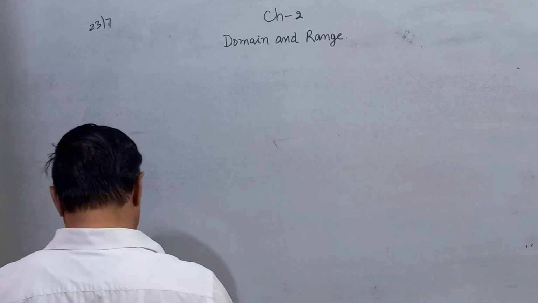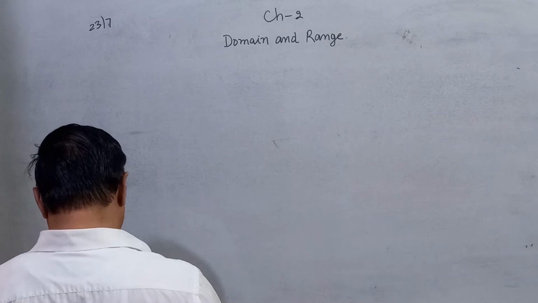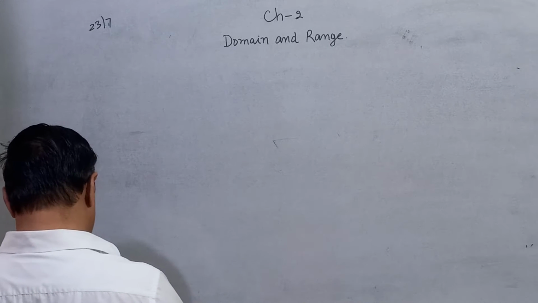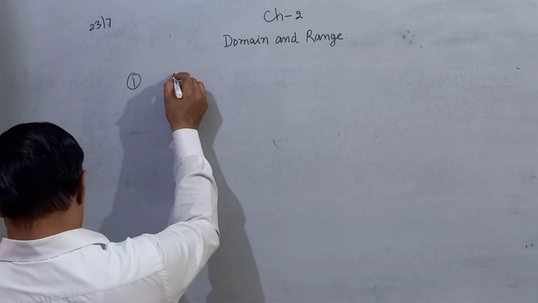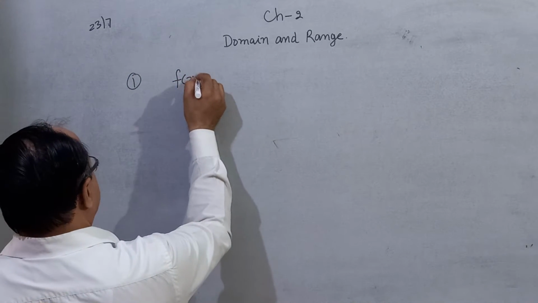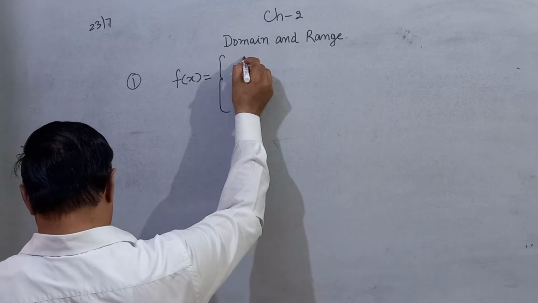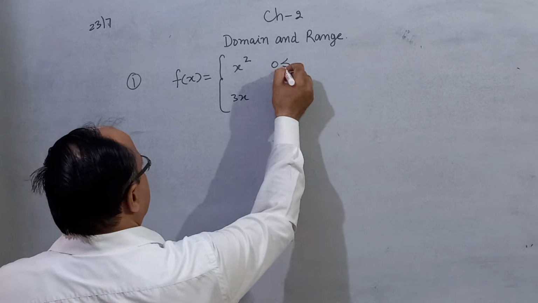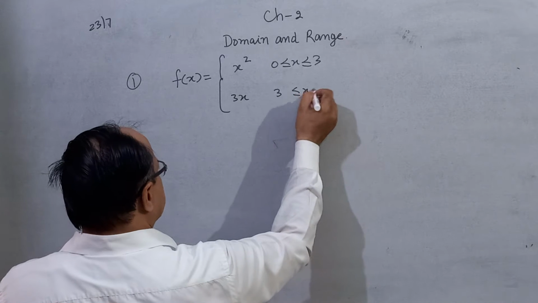Miscellaneous exercise of chapter 2, question number 1. f of x is equal to x square for 0 less than or equal to x less than or equal to 3, and 3x for 3 less than or equal to x less than or equal to 10.